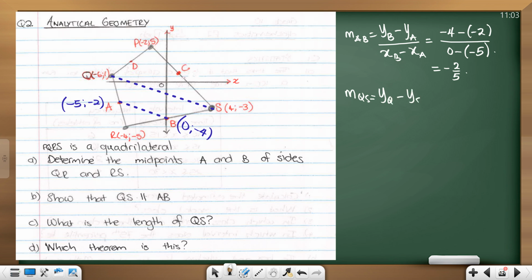Now, gradient of QS, what would it be? YQ minus YS over XQ minus XS. What's the Y value of Q? 1 minus, what's the Y value of S? Negative 3 over, what's the X value of Q?